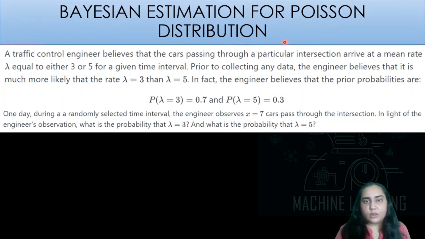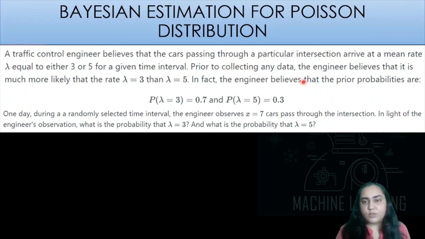So we're going to apply it on a Poisson distribution, and we're going to take this scenario where there is a traffic control engineer who believes that the cars passing through a particular intersection, which means a crossroad, arrive at a mean rate lambda equal to either 3 or 5. Remember, in Poisson distribution, we use lambda, right, for a given time interval.